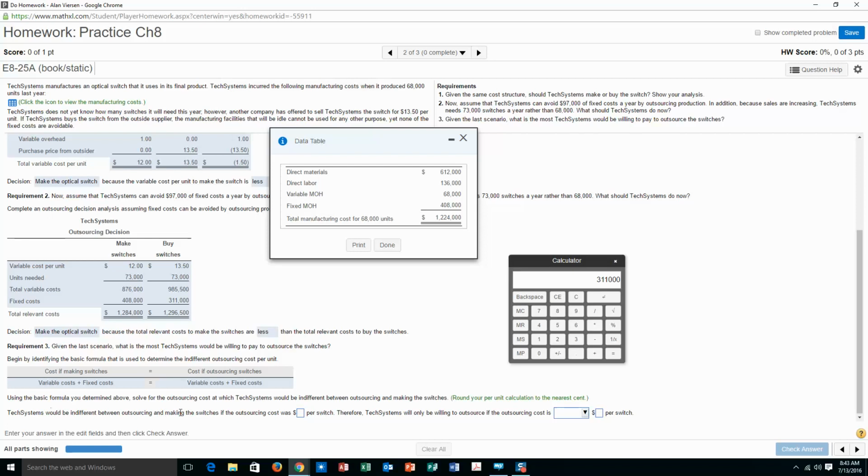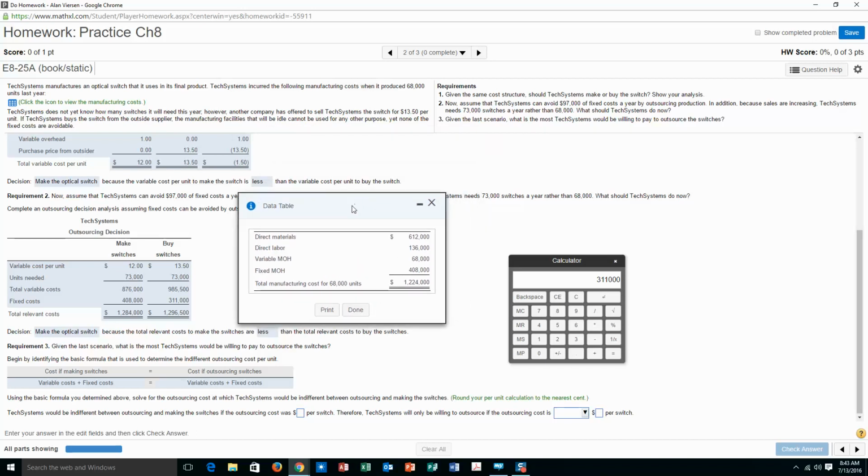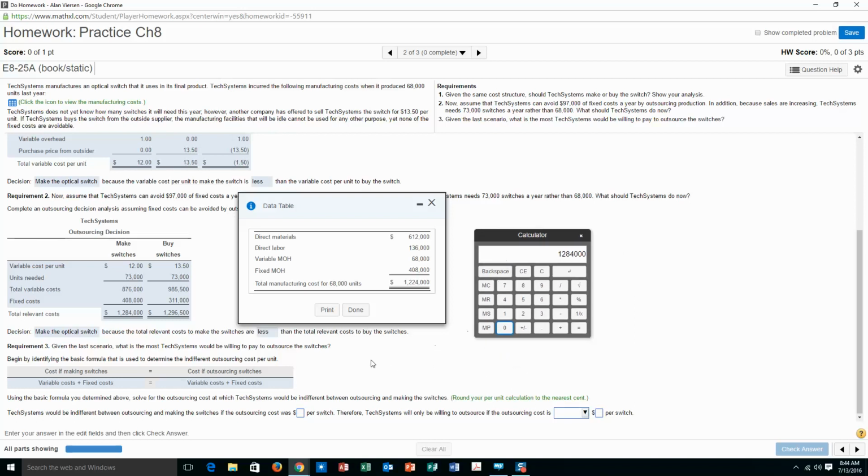So now using this basic formula, how would you make this indifferent? In other words, how much would you be willing to buy it for so that it would cost the same amount to make the switch as it does to buy the switch? Okay, so this is a little bit hard to show you on this tape. I've thought about this several ways, but what it's basically going to do is take the total amount that it is to make it.